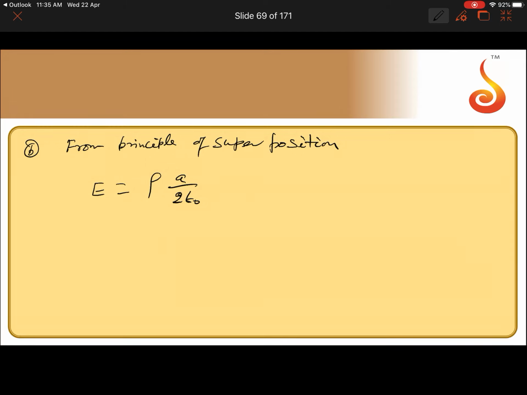Then we have to subtract the field because of the removed portion. So this field will be in the opposite direction, so minus sign. For this x will be 0. Inside it is rho x by 2 epsilon naught. So this field x we will put 0. So this E, you can write it in the vector form also. The result will be this.